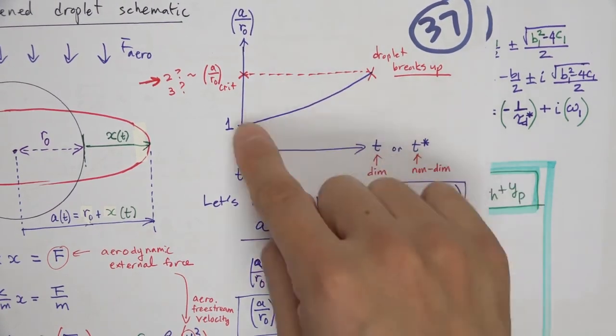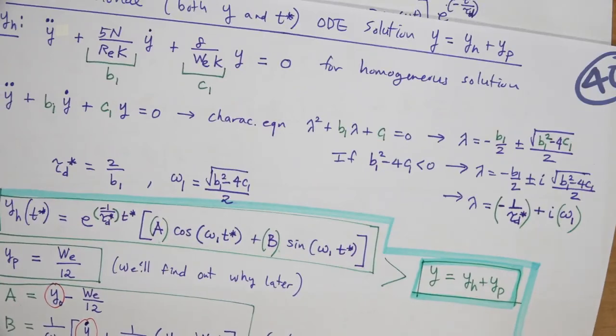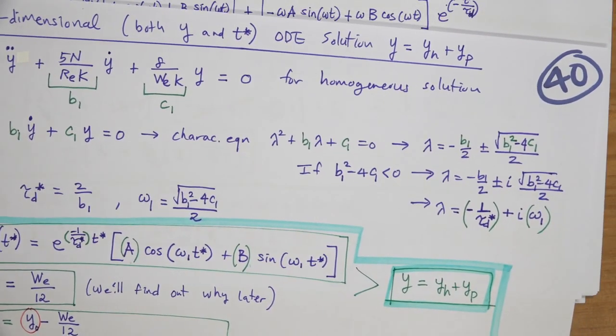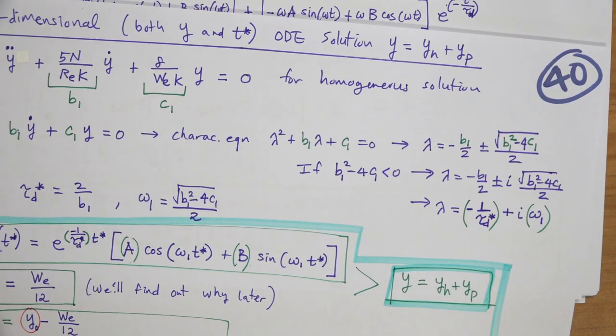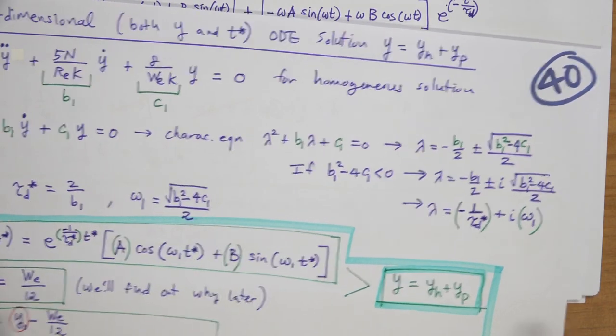I want you to plot both the non-dimensional one and the dimensional one, and make sure they have the same trend, except that the magnitude of the x-axis values will be different.